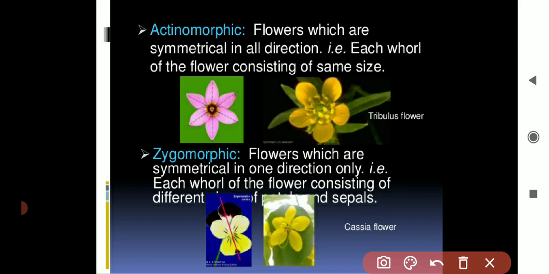But actinomorphic, you cut from north to south, from east to west, from northwest to southeast, whatever direction you want to cut, you will get the same image, or you will get 2 equal halves. So, zygomorphic flowers are those which can be dissected only in one direction, okay? So, I hope this term is clear.